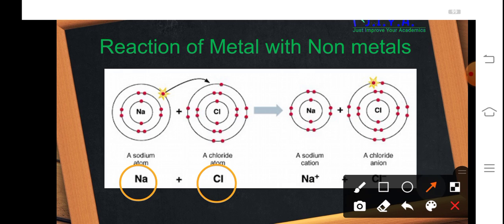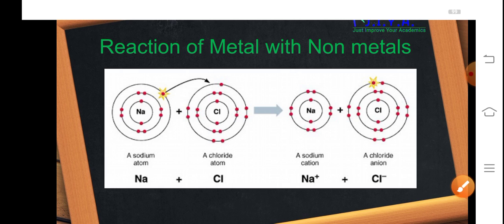Metal gives its electron, whereas nonmetal gains electron. So metal, by giving its electron, forms a positively charged ion. Here, sodium has given its valence electron which is present in the outermost shell to the chlorine atom, and chlorine has gained one electron from sodium, and thus chlorine is converted into chloride ion. So by giving electron, sodium becomes a positively charged ion.